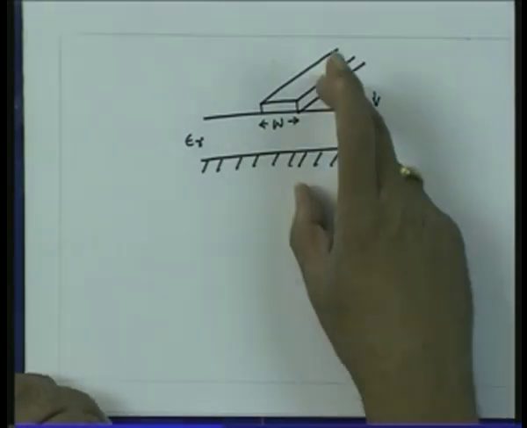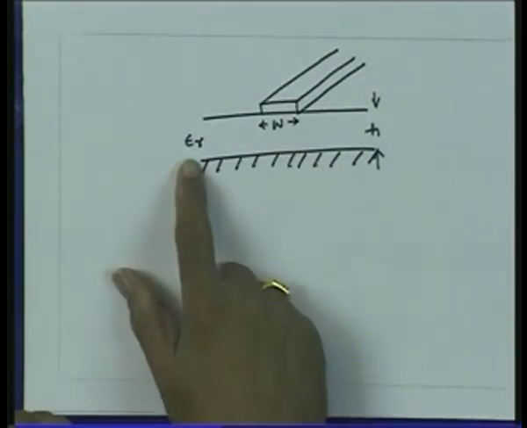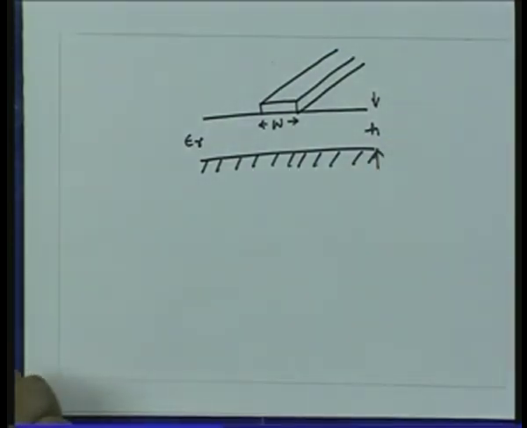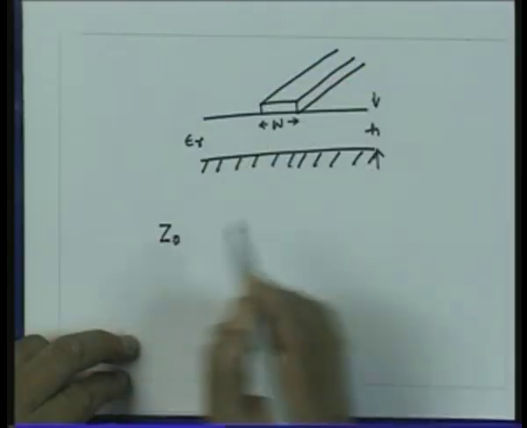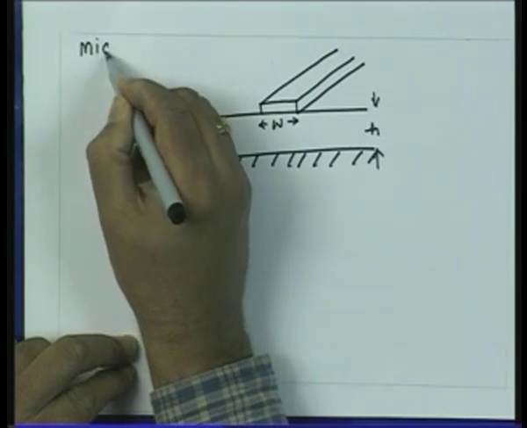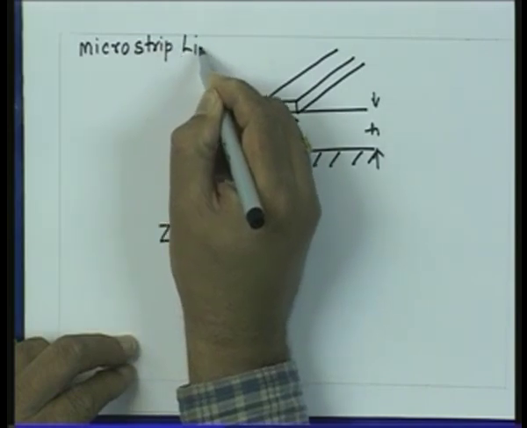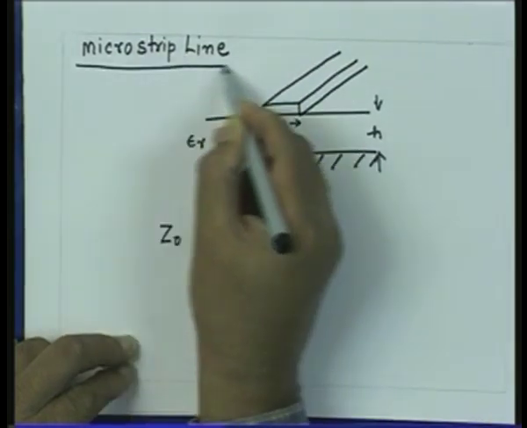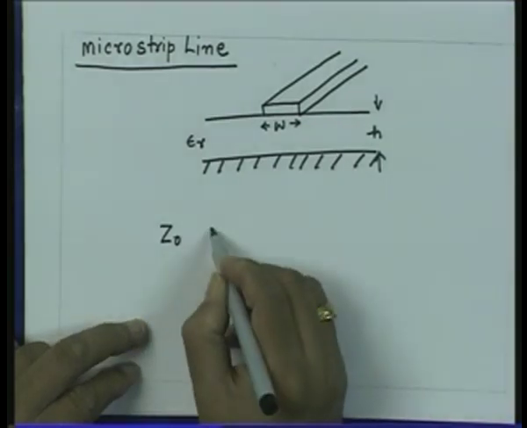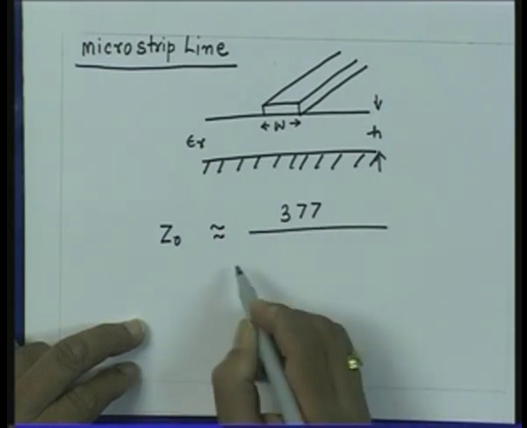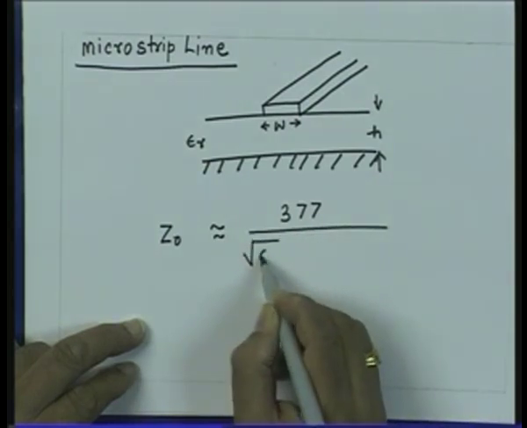The characteristic impedance of this structure depends upon the dielectric constant and the ratio of W by H. So, the characteristic impedance for this line, what is called the microstrip line, is approximately given as 377 divided by square root of epsilon r.